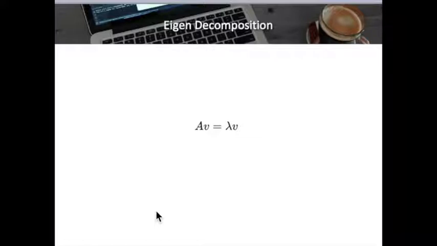The general definition of an eigenvector is a vector whose direction does not change if we apply a linear transformation to it. This can be expressed as A times V equals lambda times V, where V represents the eigenvector of the matrix A, and lambda is the corresponding eigenvalue.